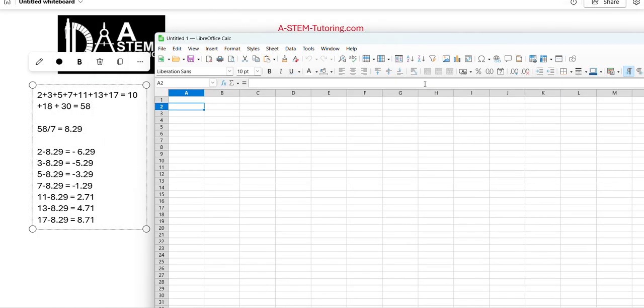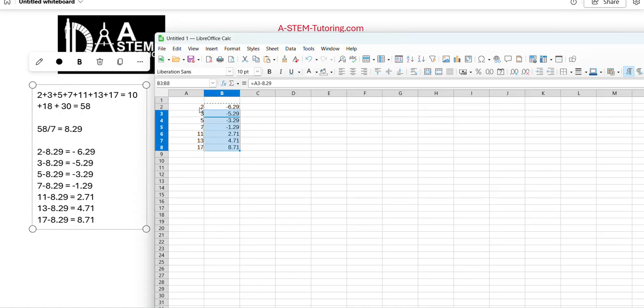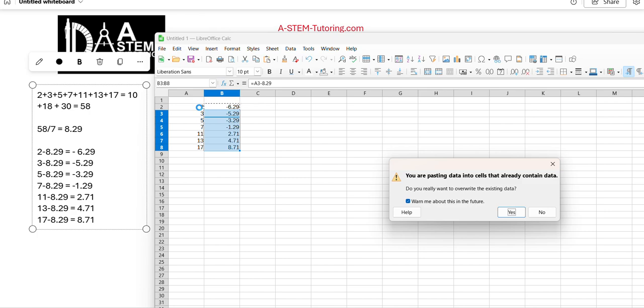So I'll put that in column A. 2, 3, 5, 7, 11, 13, 17. In column B, I will take every element from column A and subtract the mean, 8.29. And we'll copy and paste that down the column. Okay, that matches.